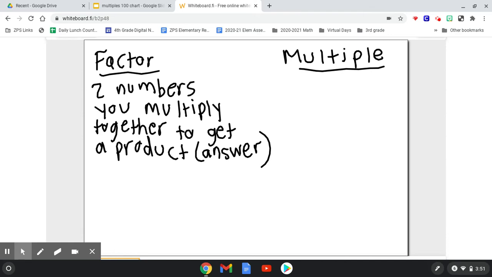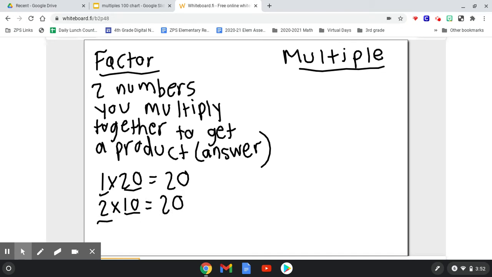If I asked you to find the factors of 20, here's what we'd need to do. We'd need to think, what 2 numbers can we multiply together to get 20? I'll show you how. 1 times 20 is 20. Those are both factors. 2 times 10 is also 20.